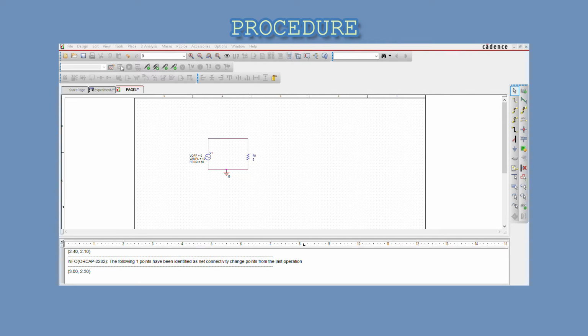Now, let us create a simulation profile for the experiment. Select the time domain transient in the simulation setup. Enter a runtime of 16.67 milliseconds.